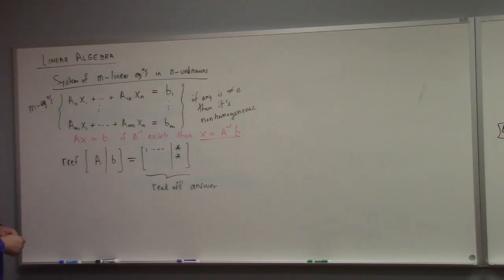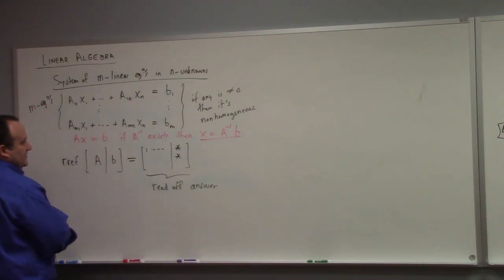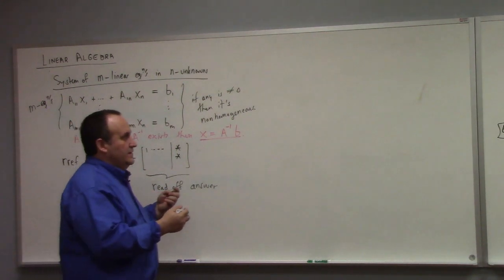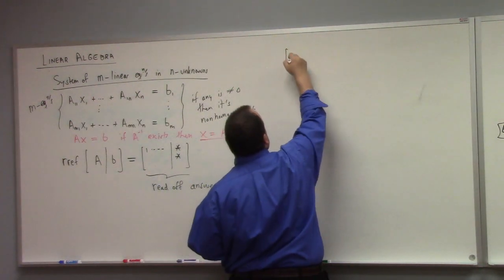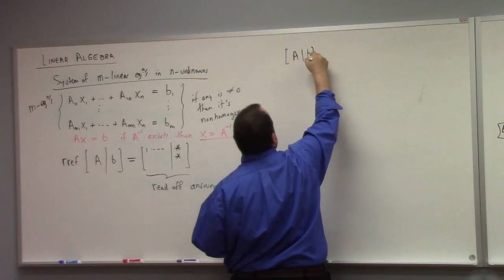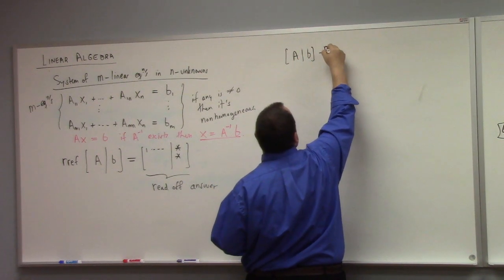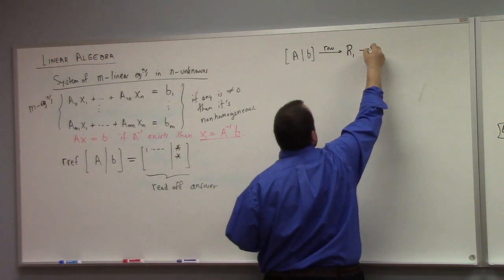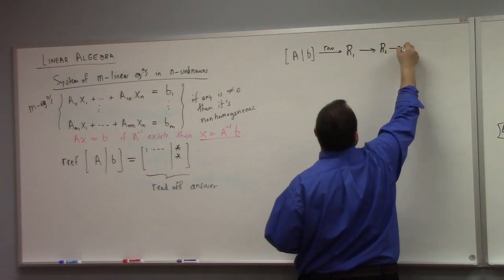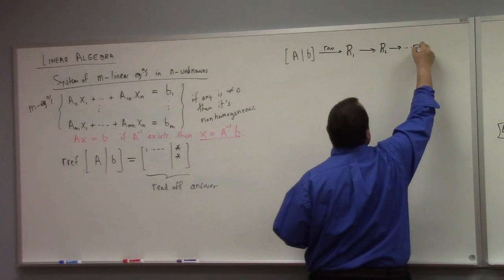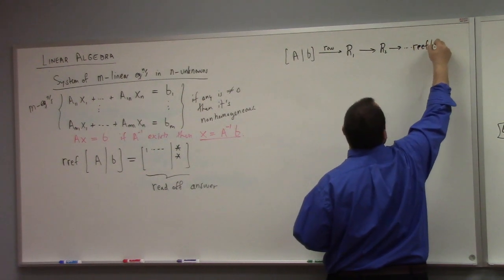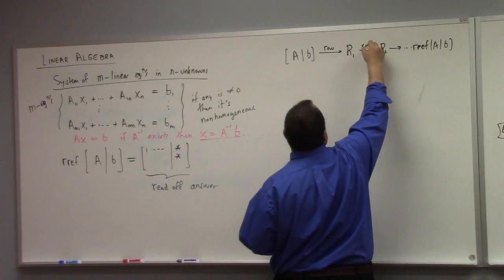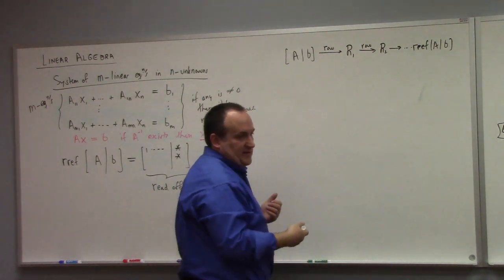All right. But the other thing we talked about in linear algebra is that you start out with A with b like that, and then you do a row operation, and then you get to row 2, and so on. Eventually, you get to the reduced row echelon form of A with b. There are row operations, either additions, swaps, or scalar multiplications.